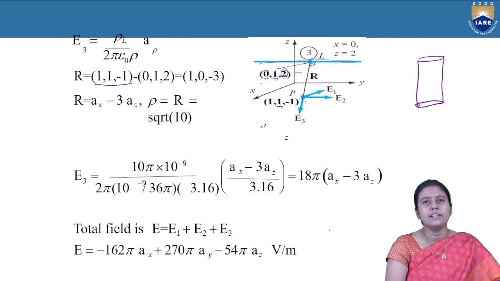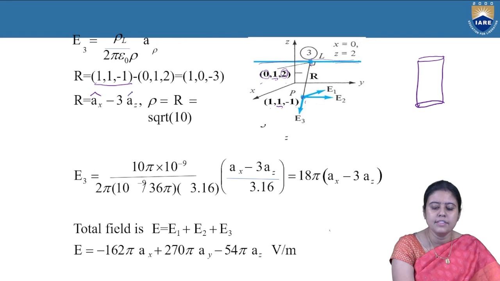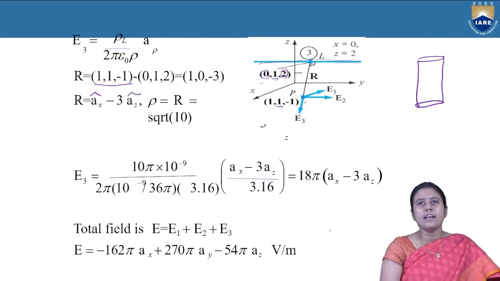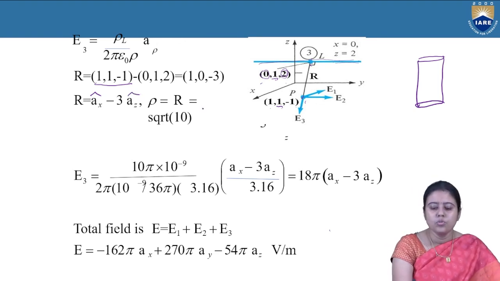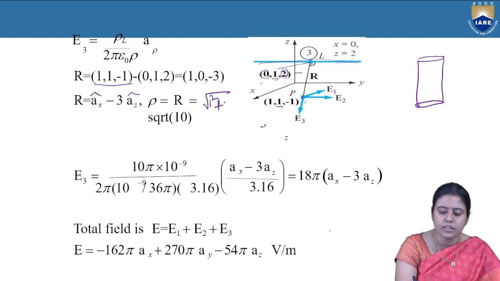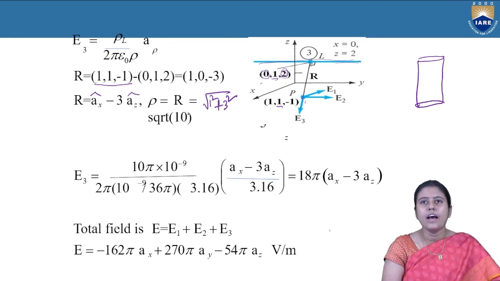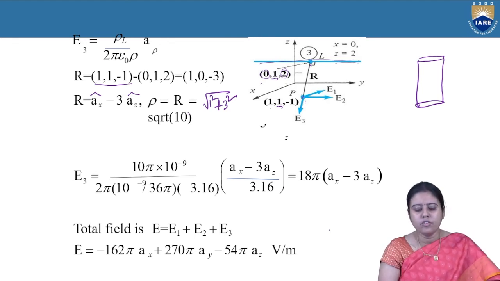If we write it in the vector form, it is coming as ax minus 3az. So what is the radius? Radius is root of 1 square plus 3 square, so it is square root of 10. Now, what will be the value of E3?